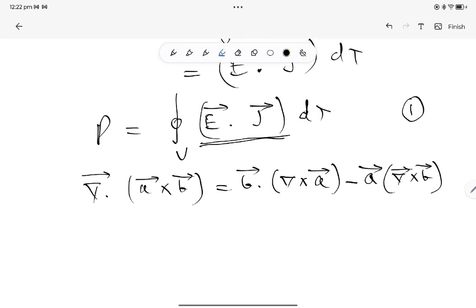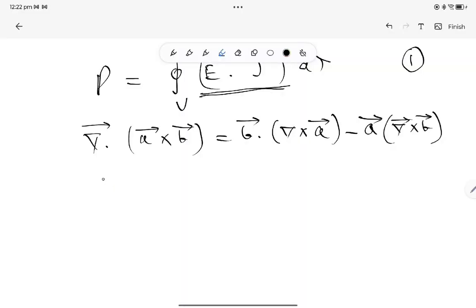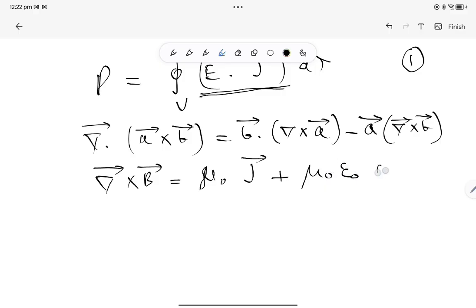Of course, we will have to use one more thing: Maxwell's fourth equation, that is del cross B is equal to mu naught J plus mu naught epsilon naught del E by del t. We take the dot product of both sides with E, so that we get E dot J here.